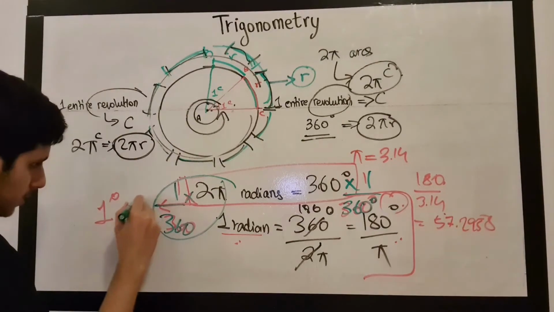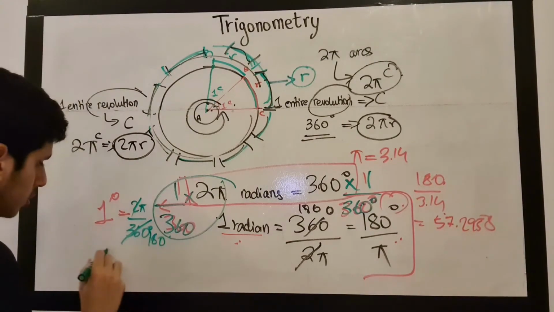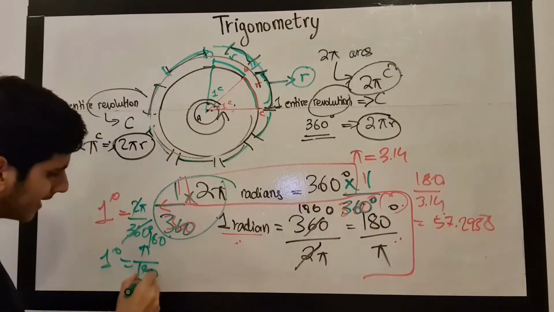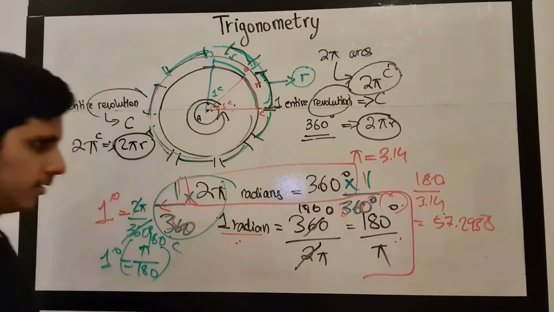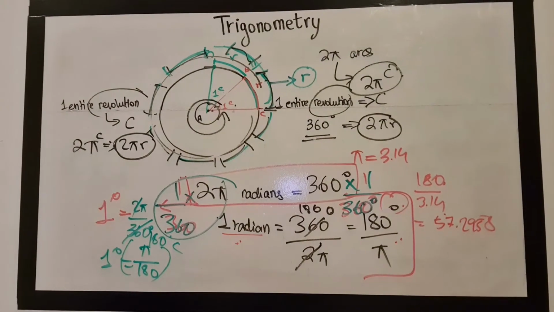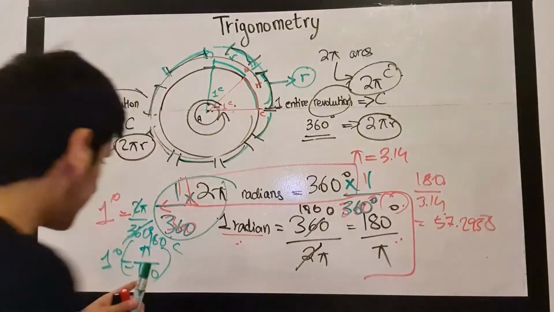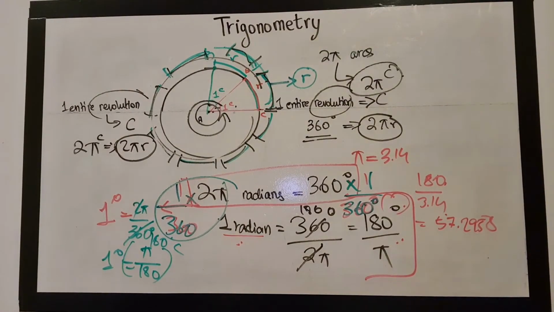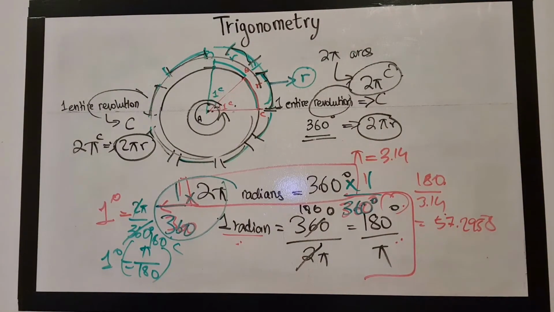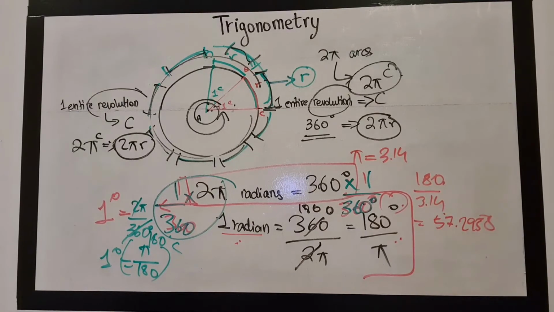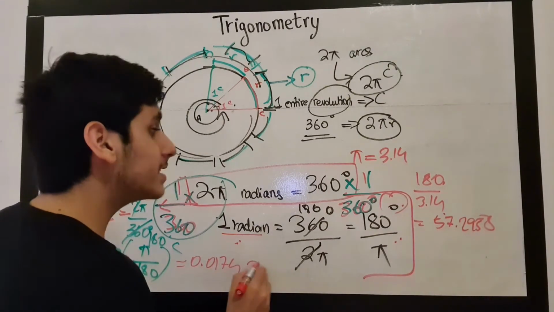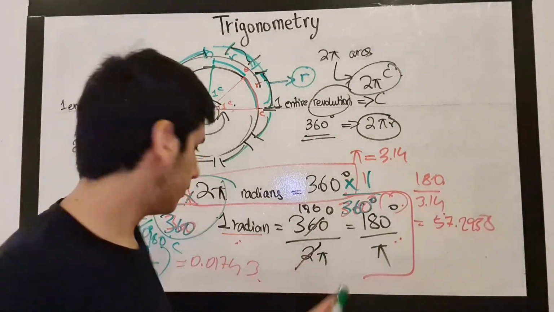This 2 cancels with 180. So 1 degree equals pi over 180 radians. Once I do it on a calculator, it comes to around 0.01743, which is the same value that I had written down earlier.